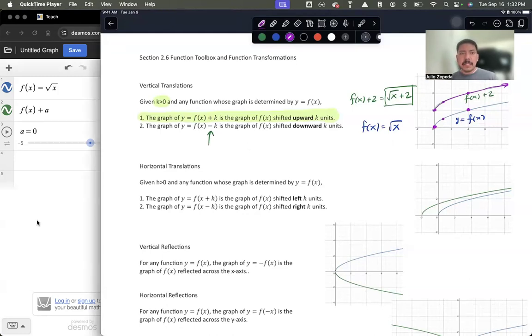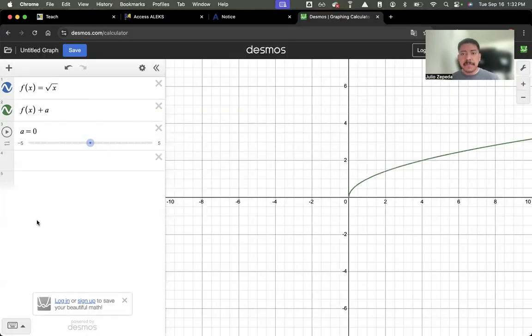And so I've actually also gone on Desmos.com and created this little app, just to show here, if we take the function f of x in blue, f of x equals the square root of x, and then I've created this new function called f of x plus a, or plus k if you want. I said that if you add a positive number to this graph, it's going to be shifted upward, and we can see that here, right?